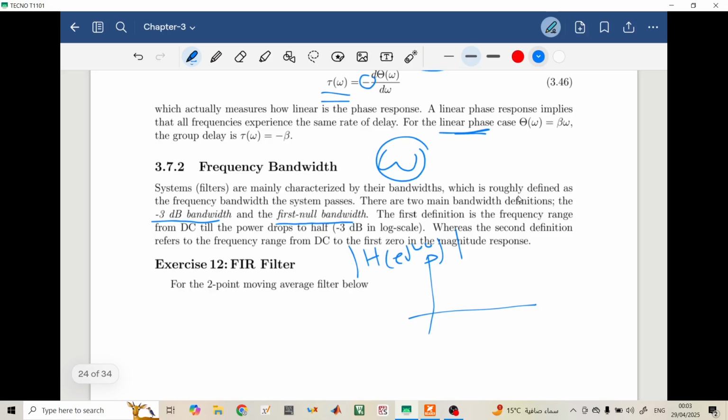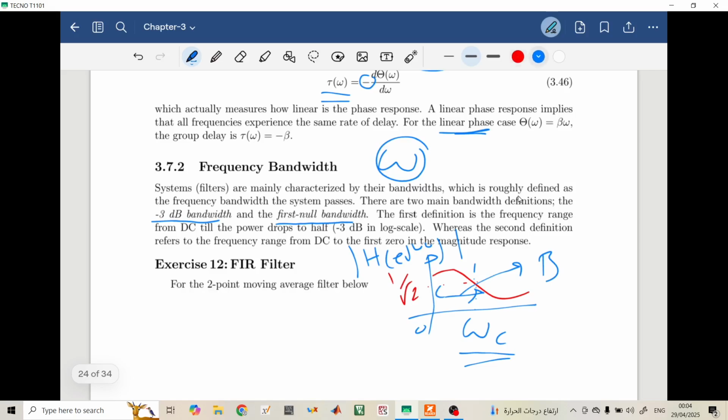So, let's say this is omega c, and this is the bandwidth B. This is the frequency range from the DC value to a certain cutoff frequency where the power is reduced to 1/2, which is -3 dB in log scale, and the magnitude will equal 1 over the square root of 2.